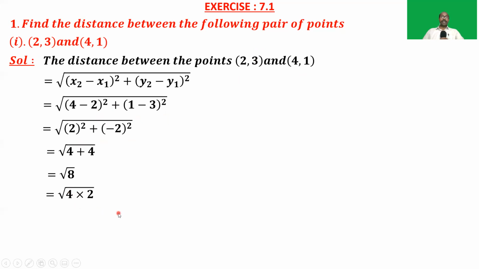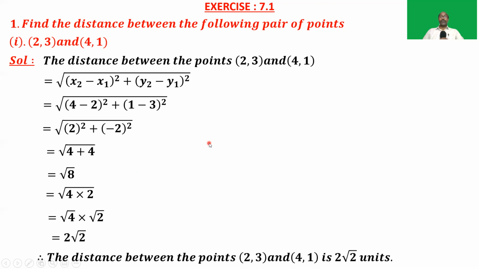So now we can split it into root 4 into root 2, where root 4 is 2. So the distance between the 2 points (2, 3) and (4, 1) is 2 root 2 units. Okay, so we find the distance between 2 points using the distance formula like this.